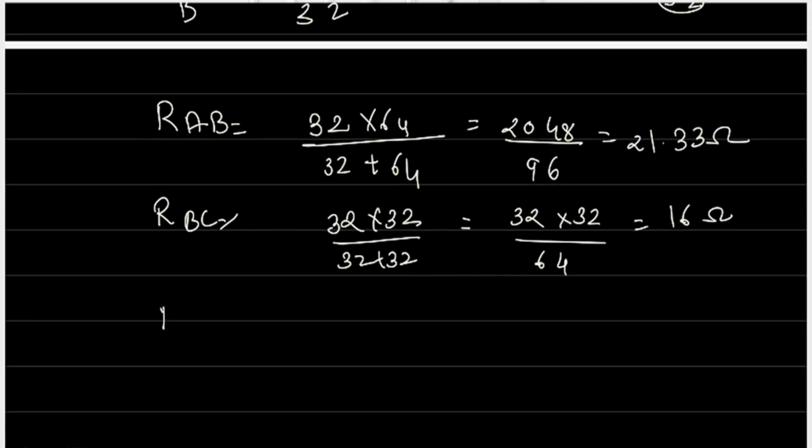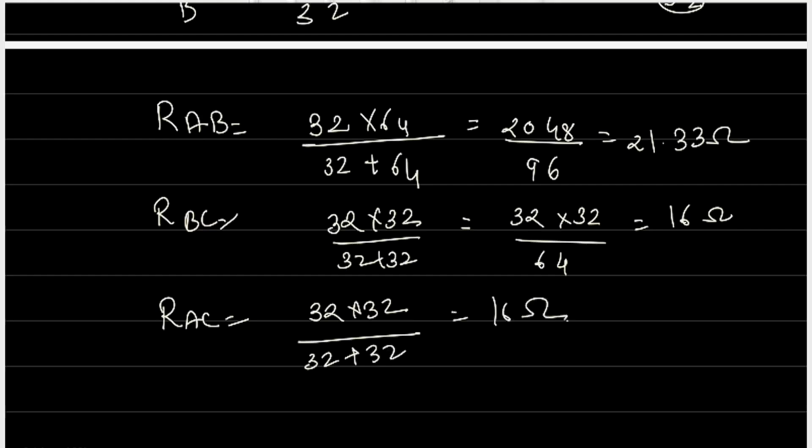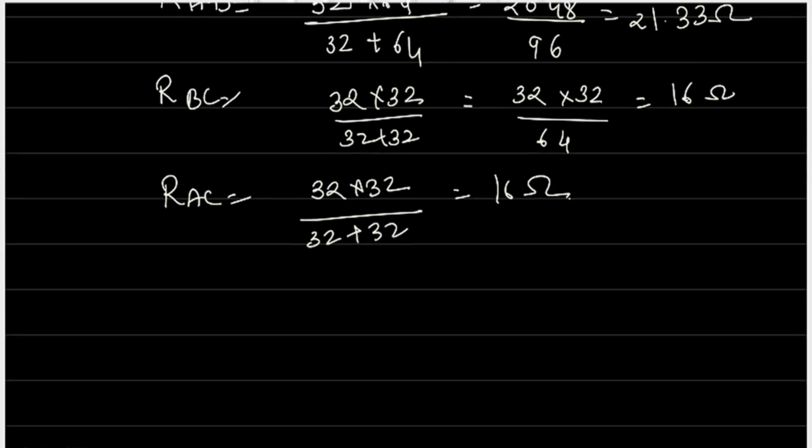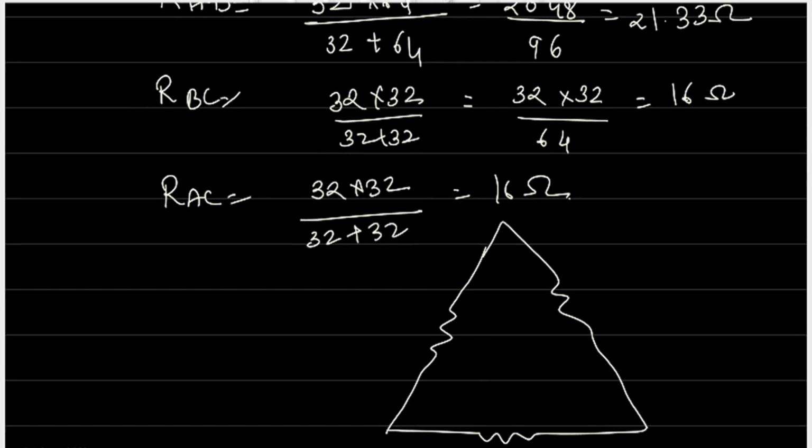Same way for AC equals 32 into 32 divided by 32 plus 32. It will give me 16 ohm. So my circuit will be simplified like this: a simple delta A, B, C.